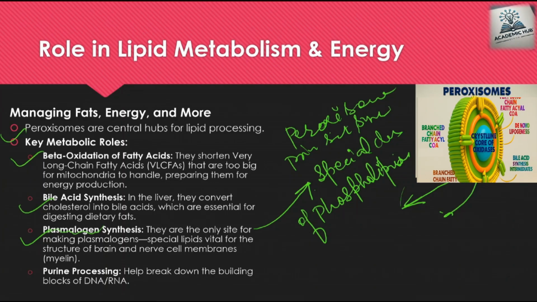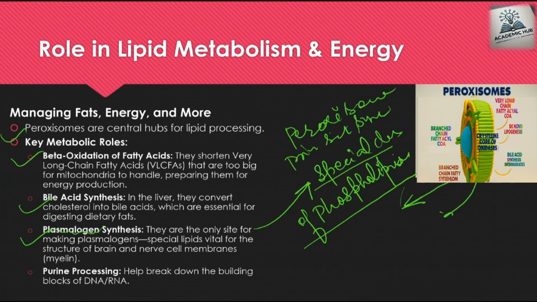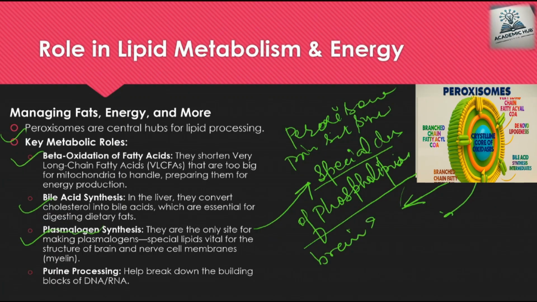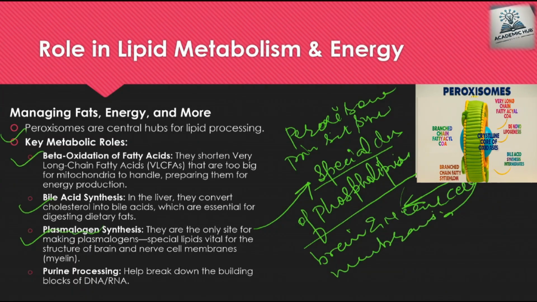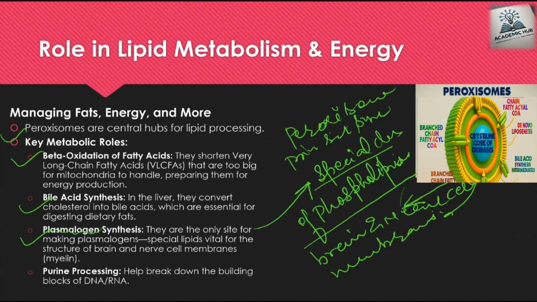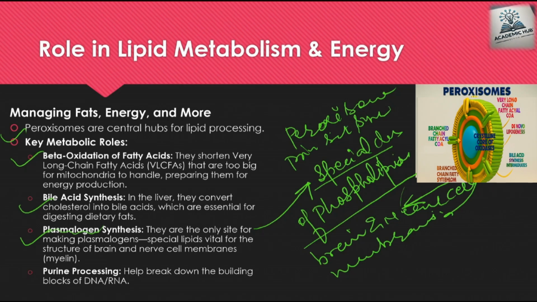Plasmalogens are absolutely important for brain and nerve cell membranes, structurally reinforcing myelin and neural membranes to enable rapid nerve signaling.